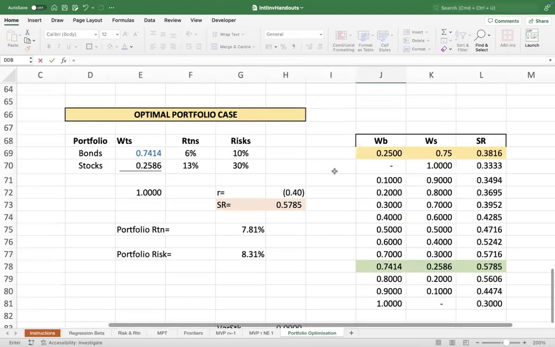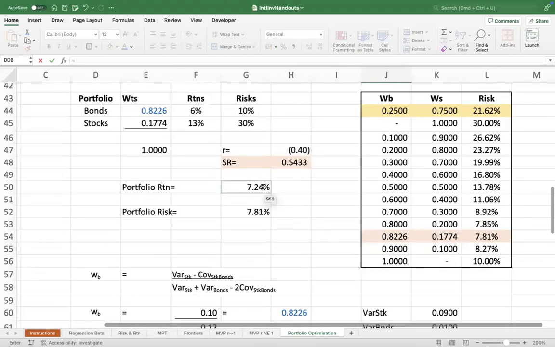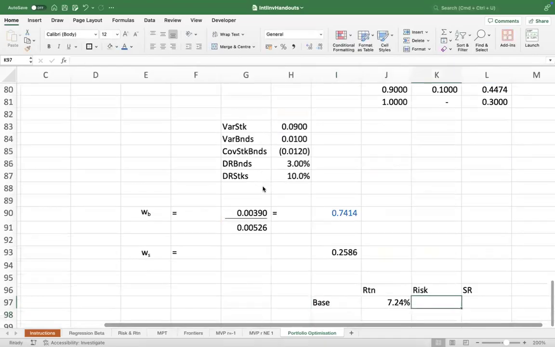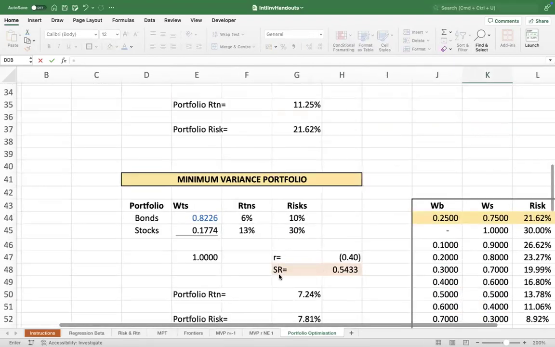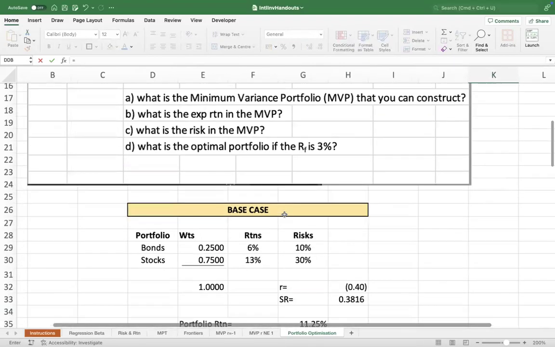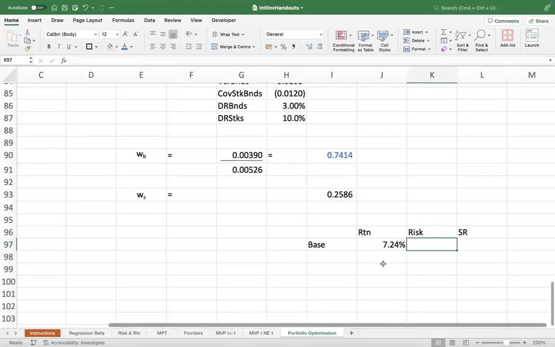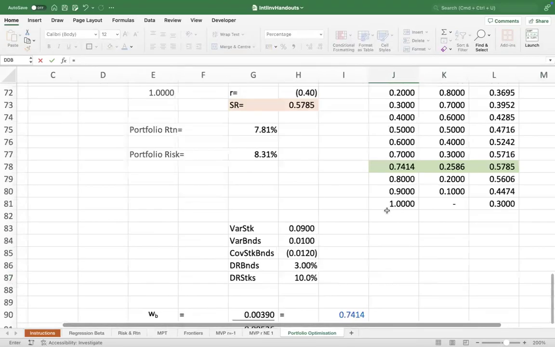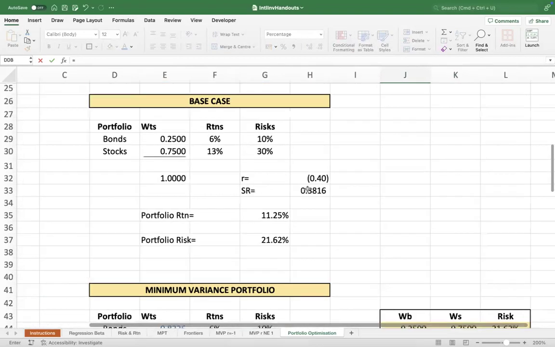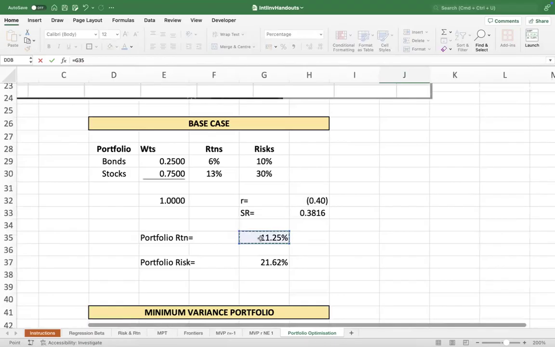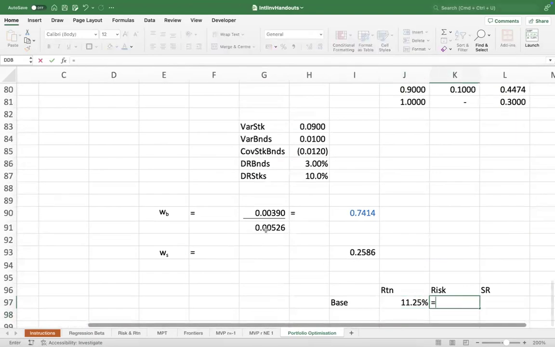में portfolio return कितना था? 7.24%. Portfolio risk was, oh no, sorry, base case means the portfolio return was 11.25%. Is that right? And risk was much higher.